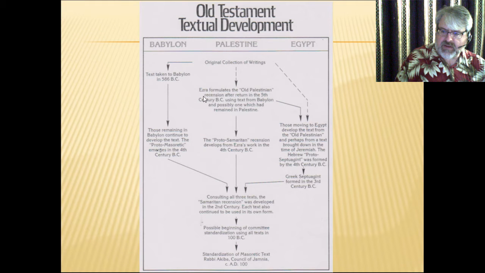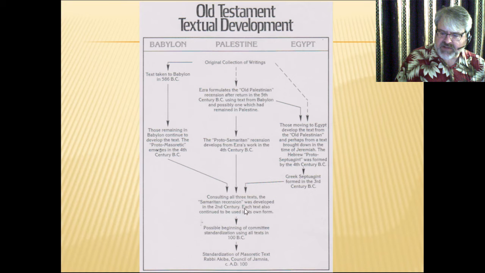Then you have a return when Ezra formulates the old Palestinian recension. So here we go through Ezra, and here we have the Alexandrian text, there's the Babylonian text, the Samaritan text here in the middle, and then you bring all three of these back together.